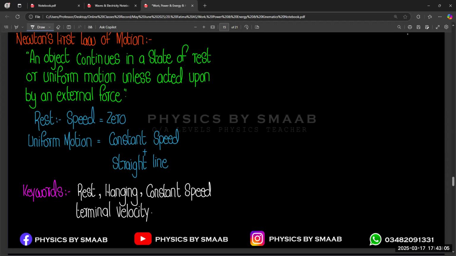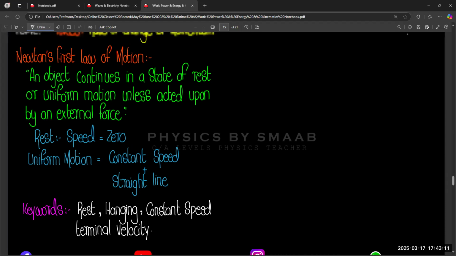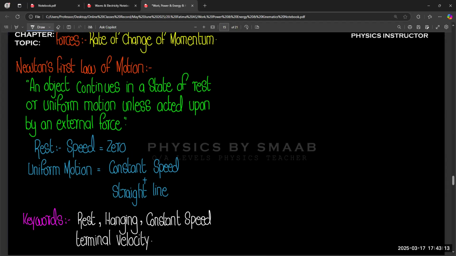So this is the scenario for Newton's first law of motion. Newton's first law explains all the examples mentioned in the keywords.